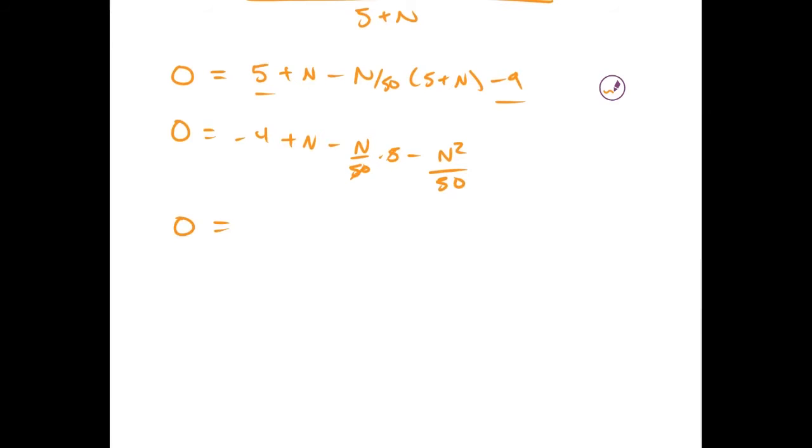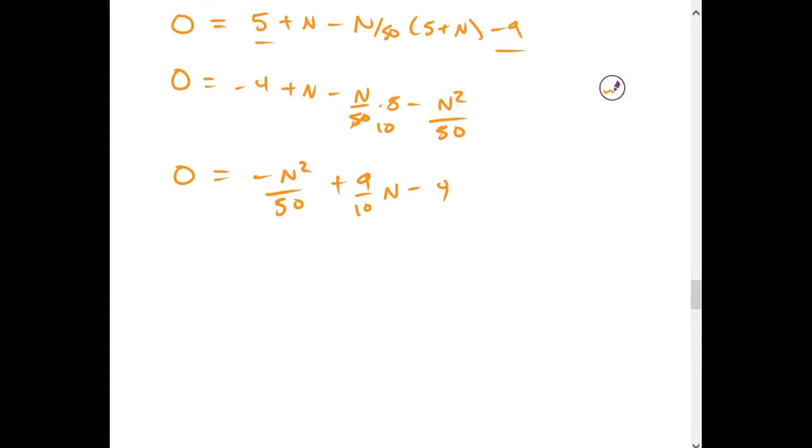So we get negative N squared over 50 plus 9/10 N minus 4. Oh, this should be plus 9/10 N.